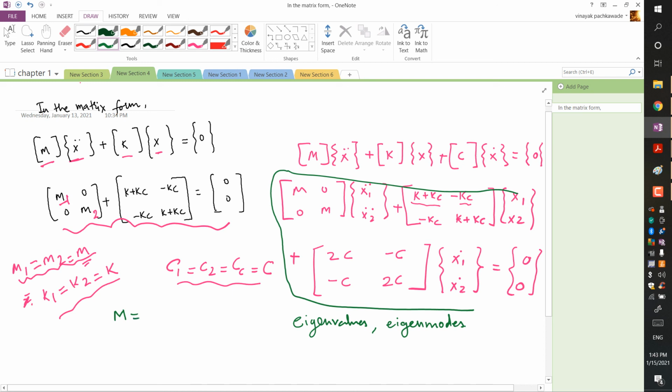Let's say m is equal to 1 gram, the stiffness is 1 Newton per meter, and accordingly we can plug in these values. Similarly, the damping coefficient, let's say 0.001 Newton second per meter. These values can be assigned and the matrix problems can be solved to understand better.